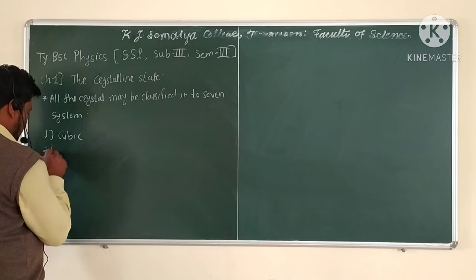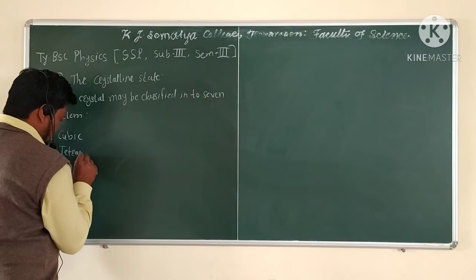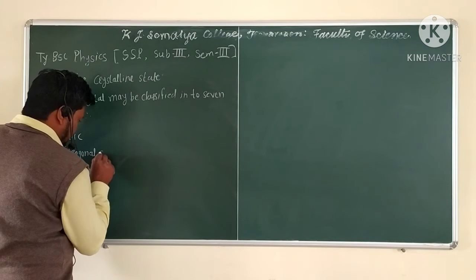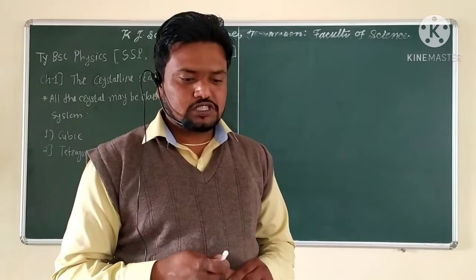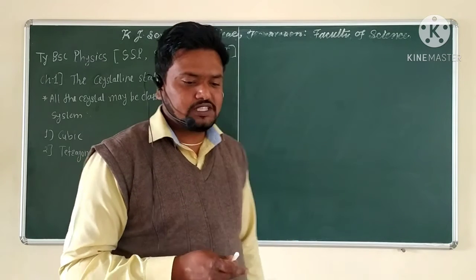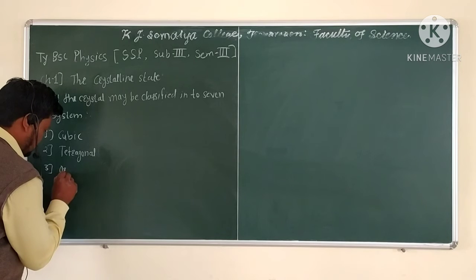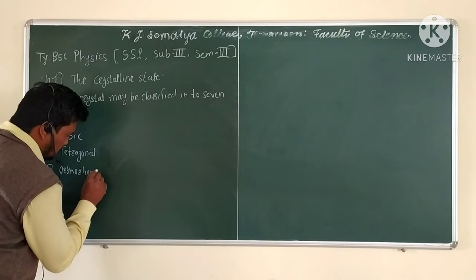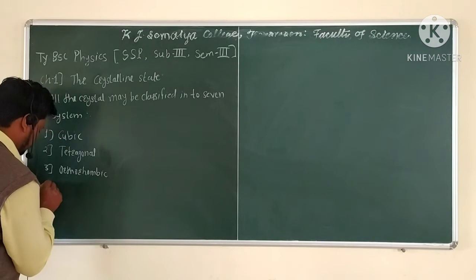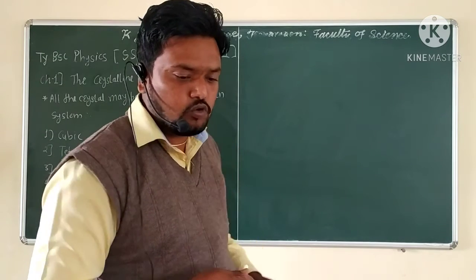The next system is the tetragonal system. The third one is the orthorhombic system. The fourth system is the rhombohedral system.